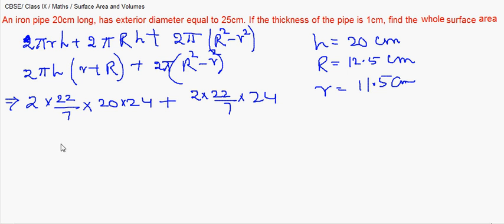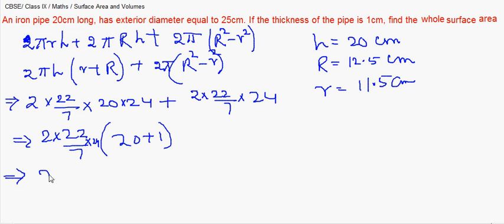Let us solve this part. I can take 2 into 22 by 7 common. I can also take 24 common as well. That will leave me with 20 plus 1, so it is 21. That is 2 into 22 by 7 into 24 into 21.